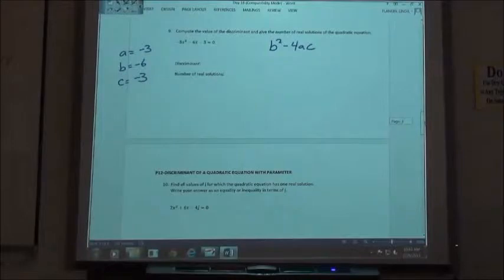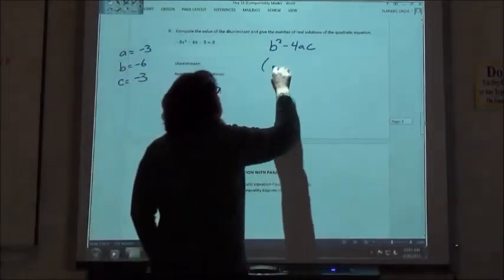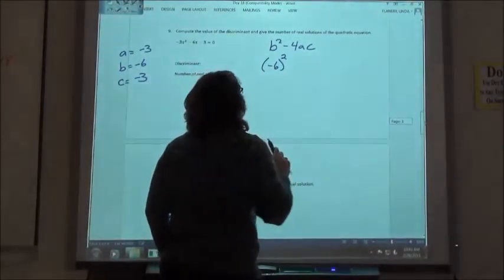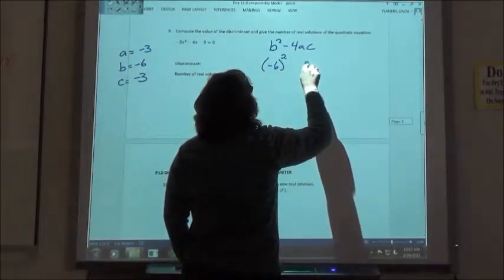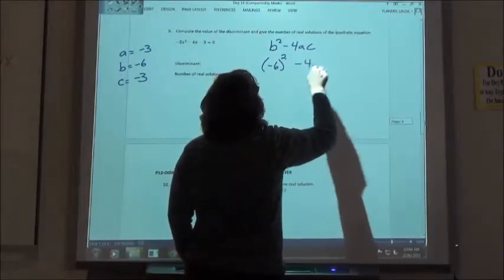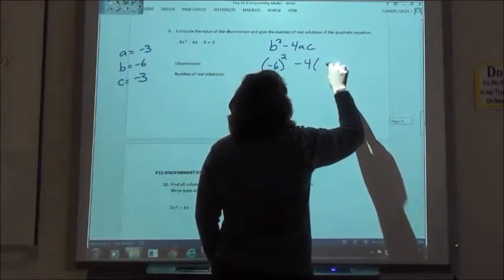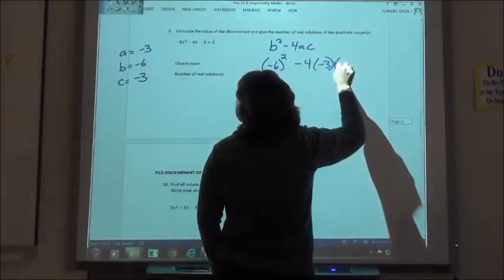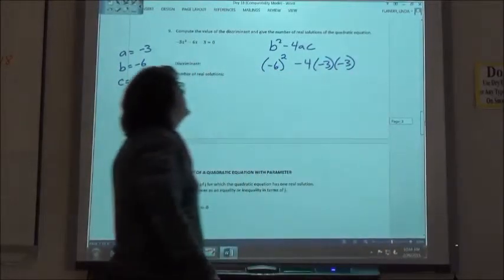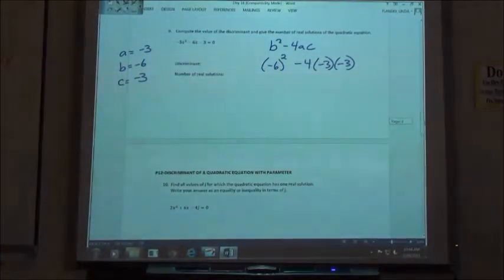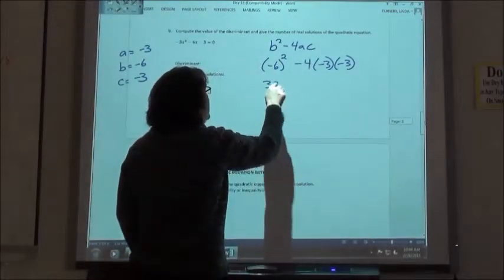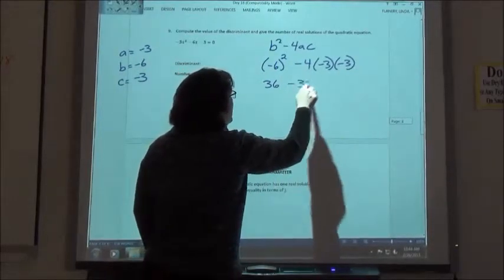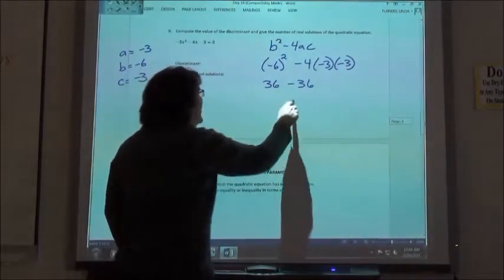Okay, so negative 6 squared, minus 4 times negative 3 times negative 3. 36 minus 36 gives me 0.